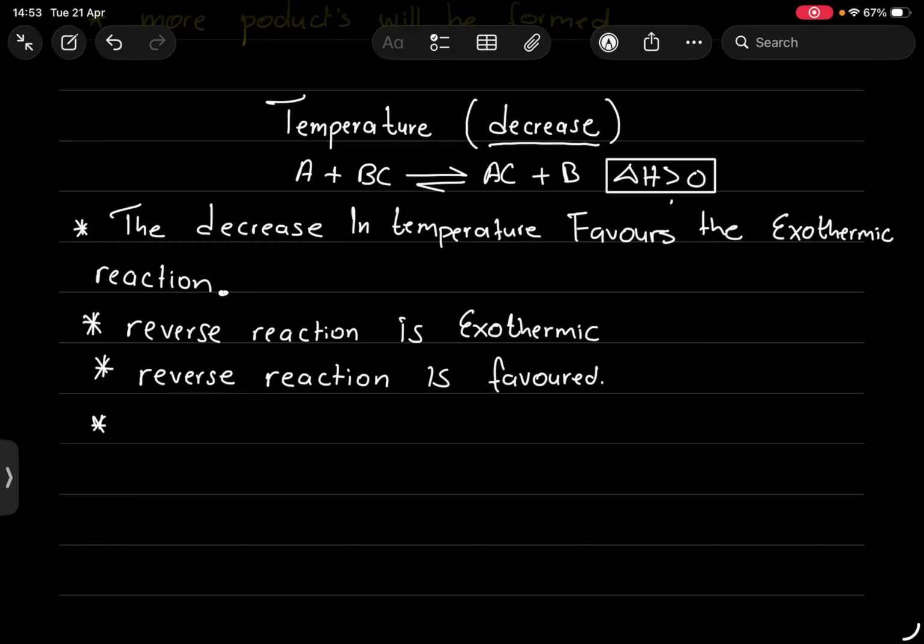And what's going to happen to the reaction rate? Will the reaction rate increase or decrease? Decrease, sir.